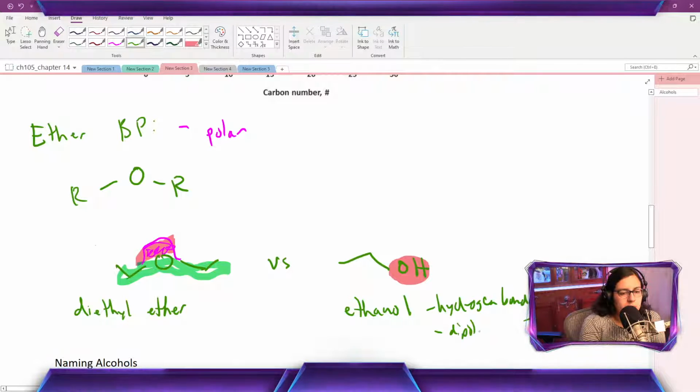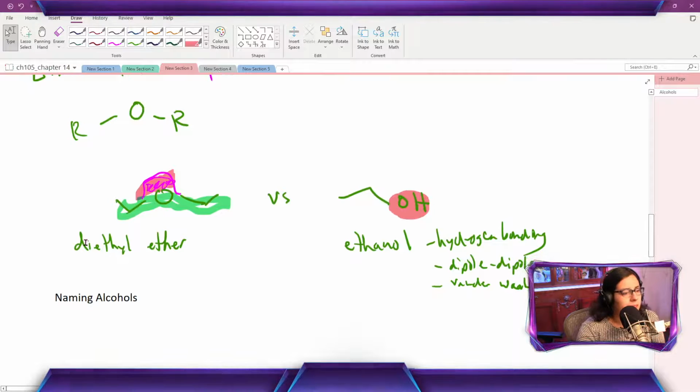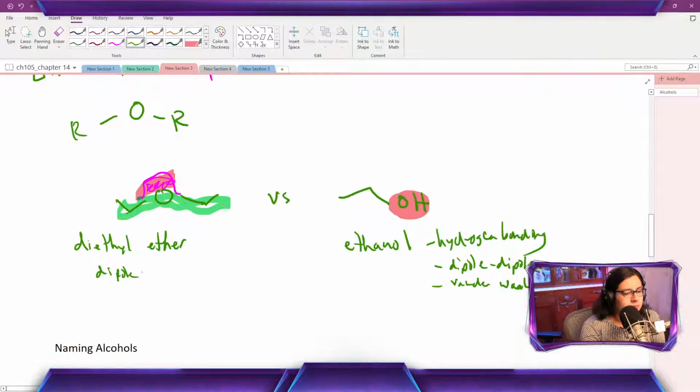I'm just adding in all those intermolecular forces, and of course, van der Waals or London dispersion. Everything has that. In comparison, ether does have some dipole-dipole since it is polar, and it'll also have van der Waals. It would not have hydrogen bonding.